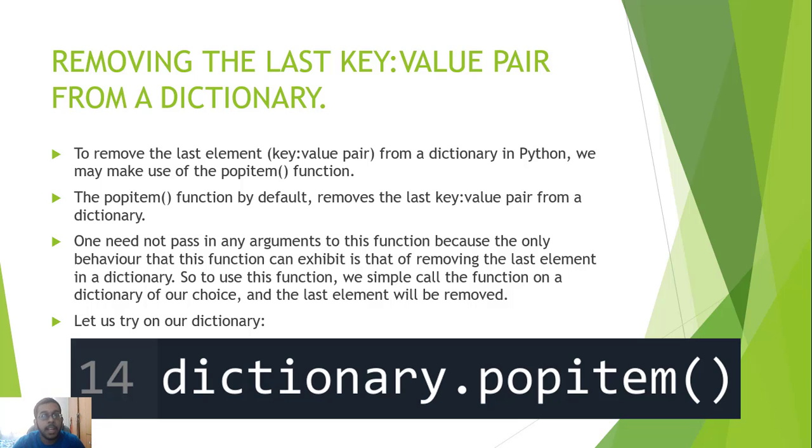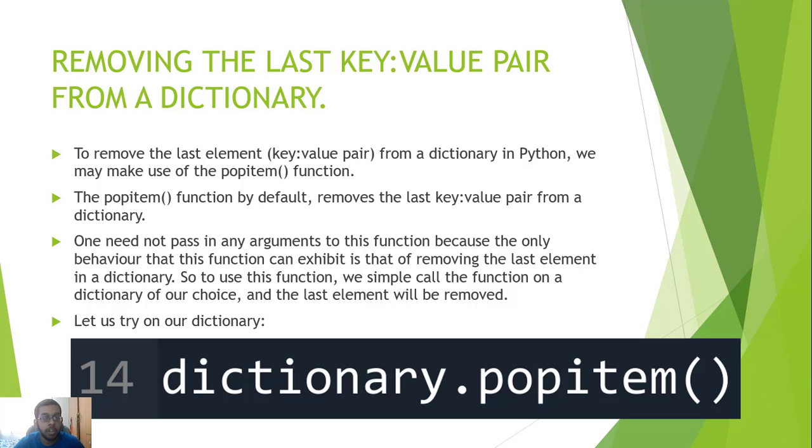Removing the last key value pair from a dictionary. To remove the last element key value pair from a dictionary in Python, we may make use of the popitem function. The popitem function by default removes the last key value pair from a dictionary. One need not pass in any arguments to this function because the only behavior that this function can exhibit is that of removing the last element in a dictionary. So, to use this function, we simply call the function on a dictionary of our choice and the last element will be removed.